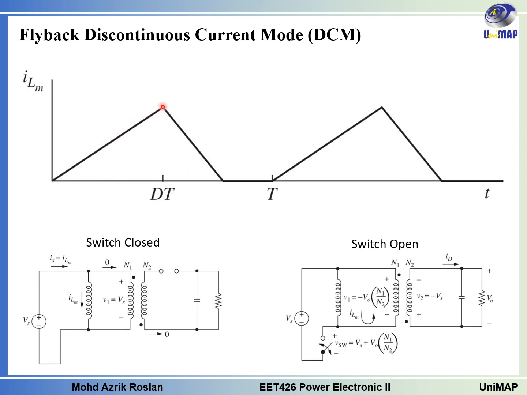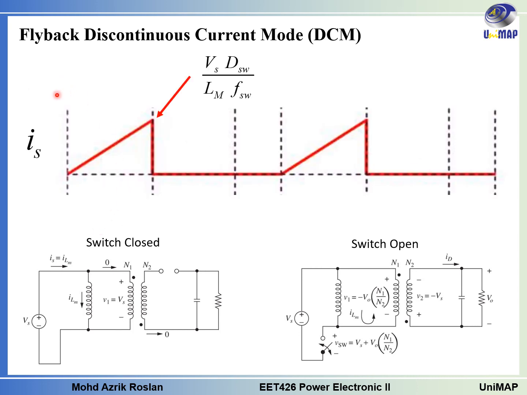We have the Ilm Max here, and then after that, during the switch off time, the current will reduce until 0. At this time the current will remain 0. So you can see that the current drops to 0 before the completion of the switching period. This is what happens with the ILM under DCM mode.